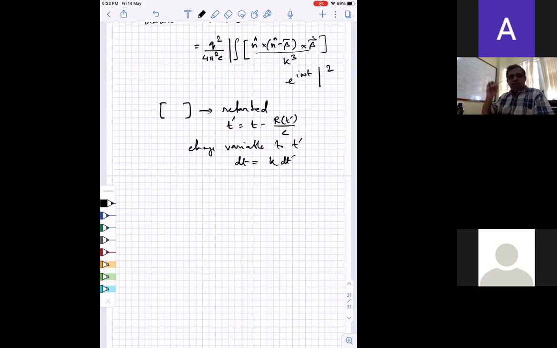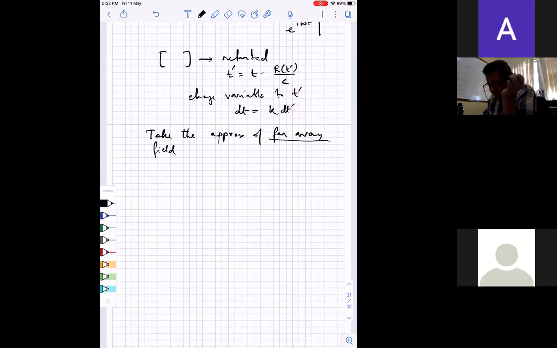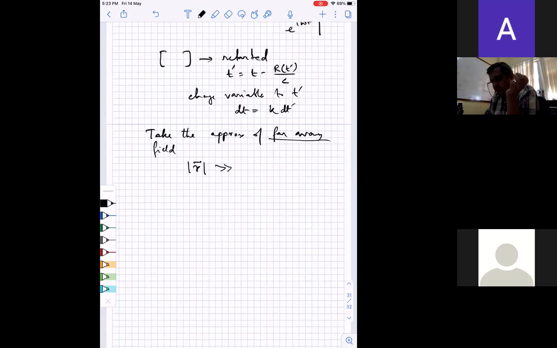You want to look at a field which is far away, so you take the approximation of a far away field. What does far away field mean? It means that your R, the field point, must be much larger than the particle trajectory. So R0 was the particle trajectory, remember.